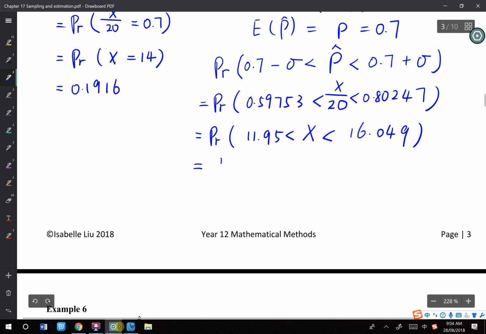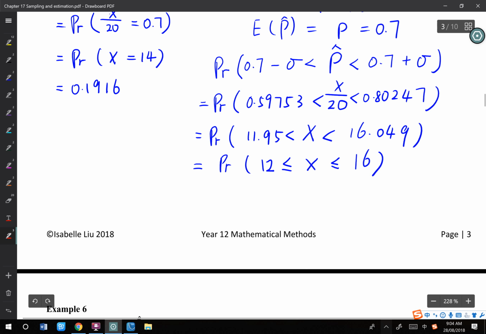You can take 12, because the next integer after 11.95 is 12, and the integer before 16.049 is 16. So you need to adjust to the integer in between.